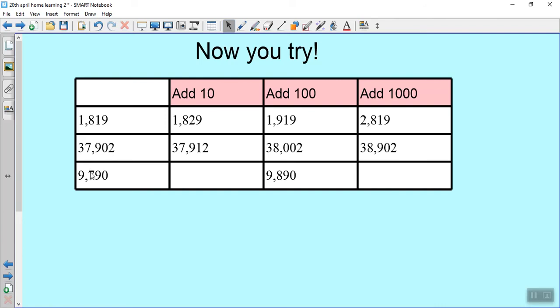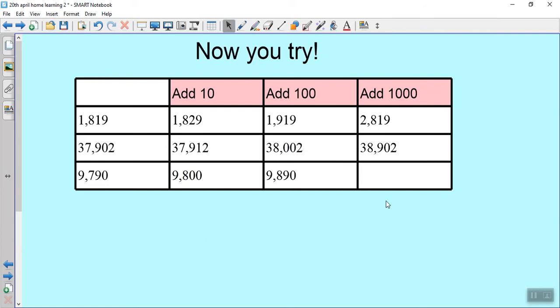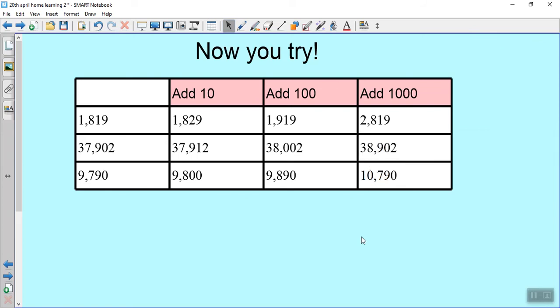So I'm going to have to add 1 more to this column. 9,800 together. And then over here, 1 more thousand. I've got 9 thousands. Add 1 more thousand is 10,790. Okay, well done if you were a little bit better that time.